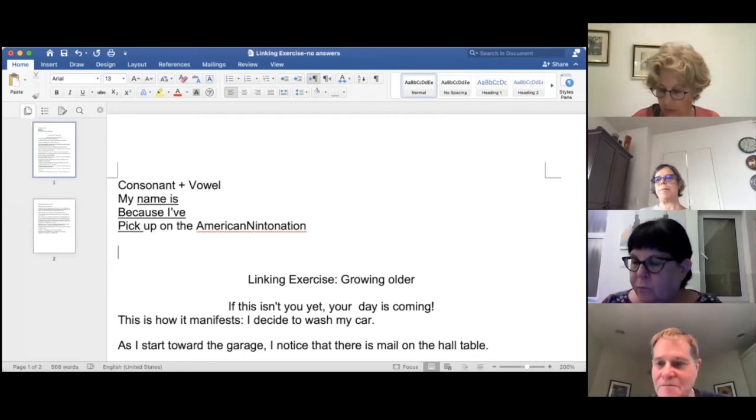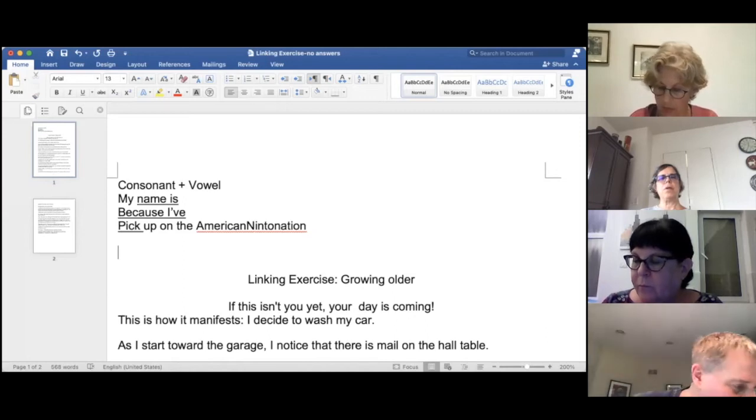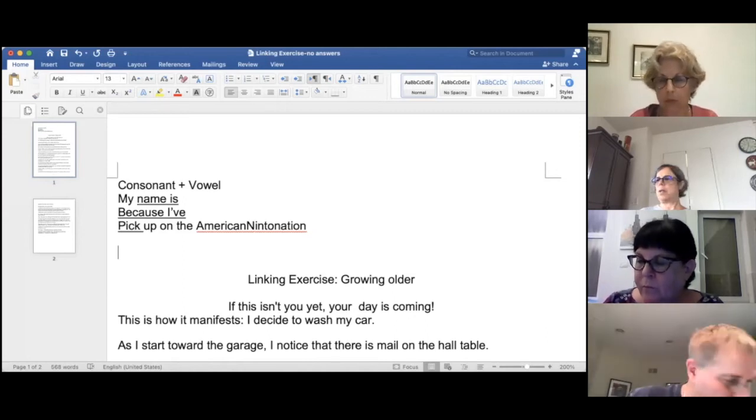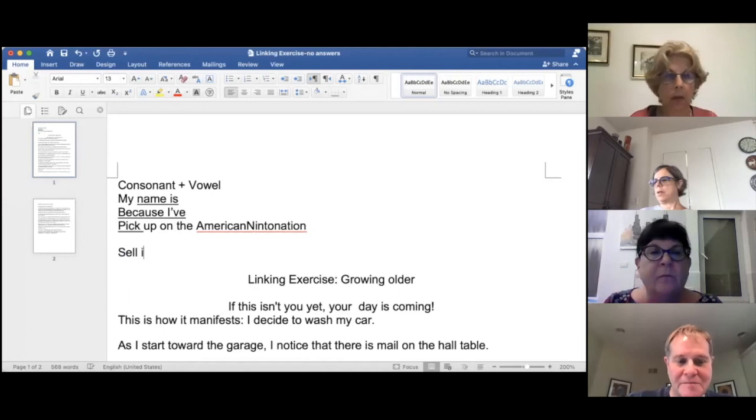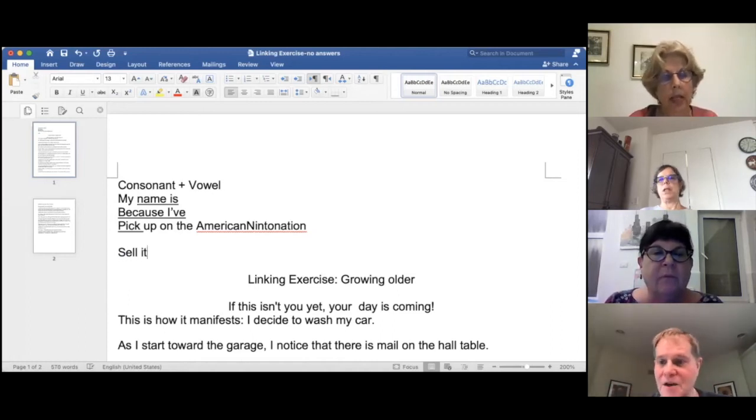So the idea here is if a word like, let's take sell it. What's the last sound in sell? L, consonant. Okay. What's the first sound in it? Vowel. Does it link? Of course. Sell it. Sell it.